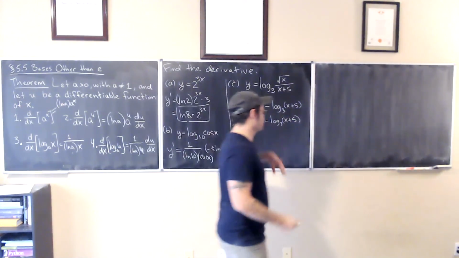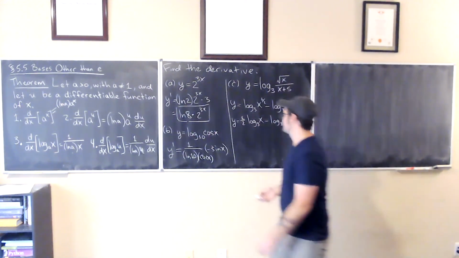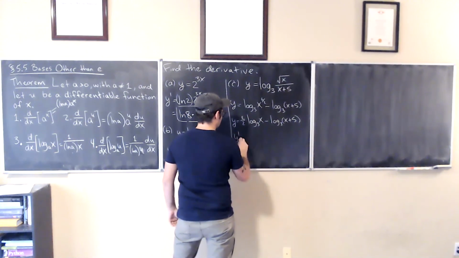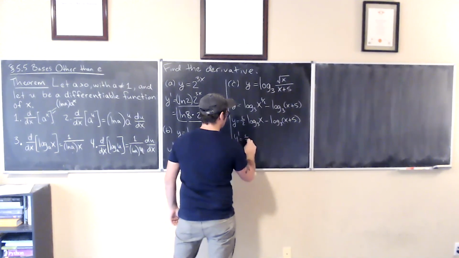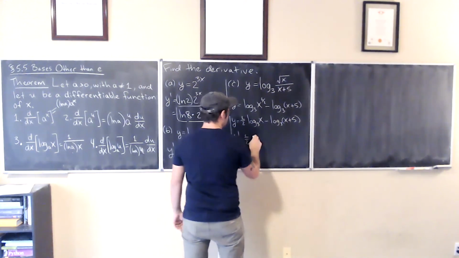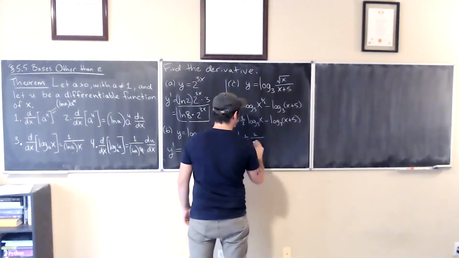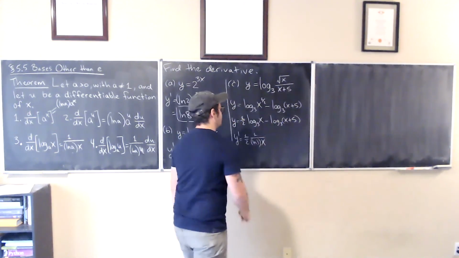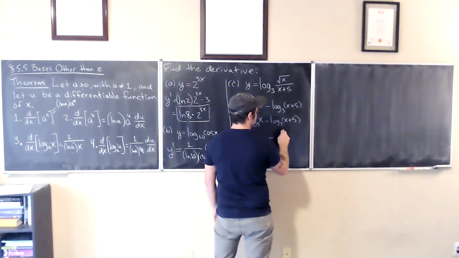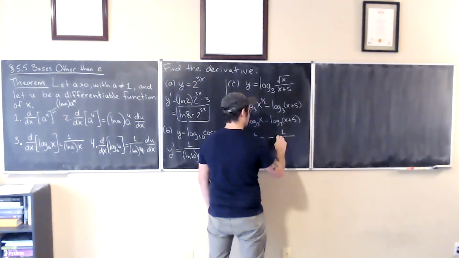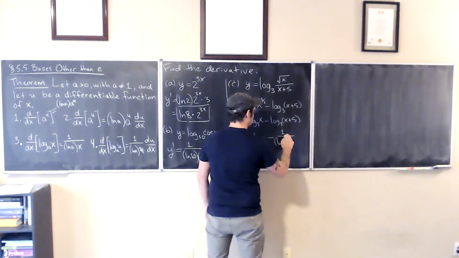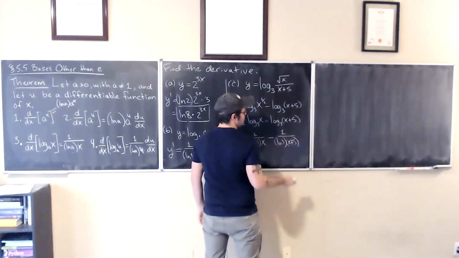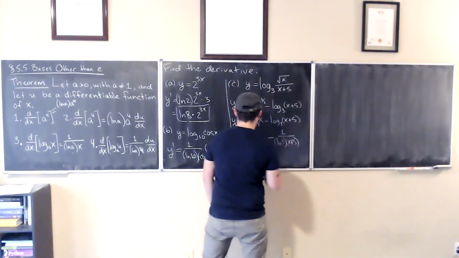So now each piece is relatively simple, and I can just apply those rules. So y prime is equal to 1/2 times the derivative of that, which is just 1 over natural log of 3 times x, minus 1 over natural log of 3 times x plus 5, that's u, times du dx, which is just 1.